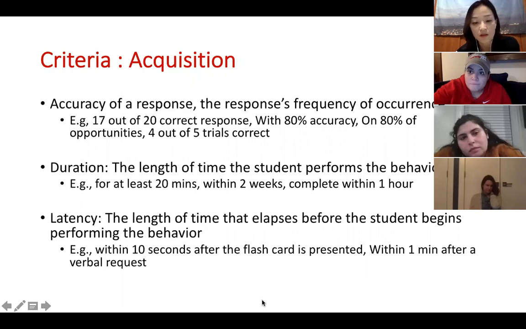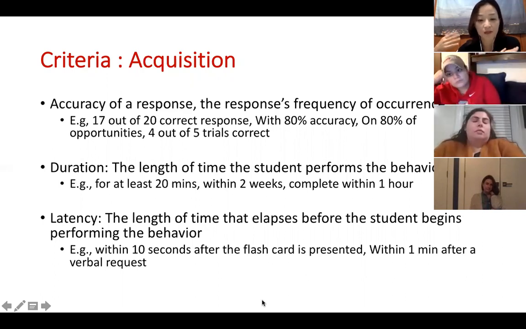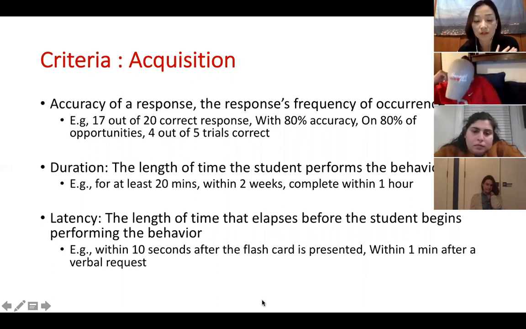Some children with disability, or in my case, children with autism, many of them have a hard time with transitioning, right? So they do not want to listen to you. They become really stubborn sometimes. So when teachers say, oh, let's go, let's do something, and they don't move, right? So you want to decrease the time between your instruction and their behavior.